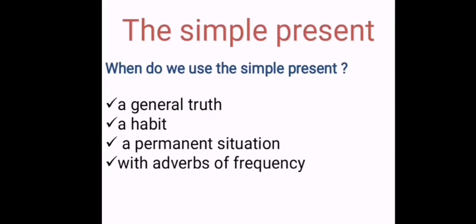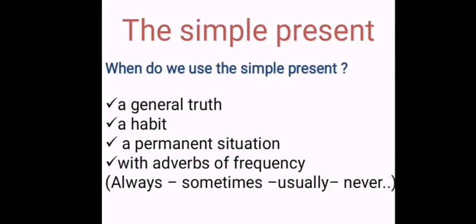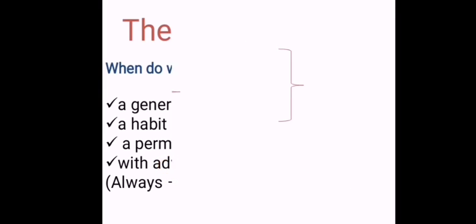Then we use the simple present with adverbs of frequency. Okay, what are the adverbs of frequency? Always, sometimes, usually, never. These are adverbs of frequency. Okay? Now, the rule of the simple present.